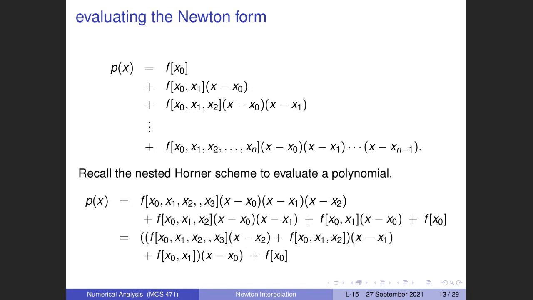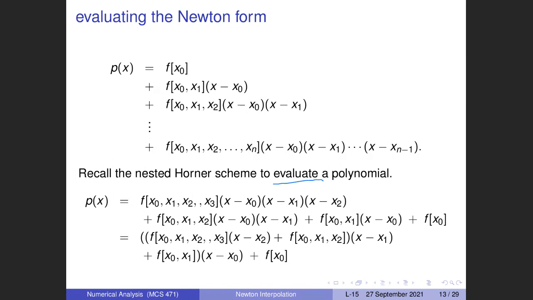Now for the value problem, recall from the very beginning of the course, the basics, the efficient evaluation of a polynomial. This is exemplified here with an example with 4 points, so a cubic polynomial.